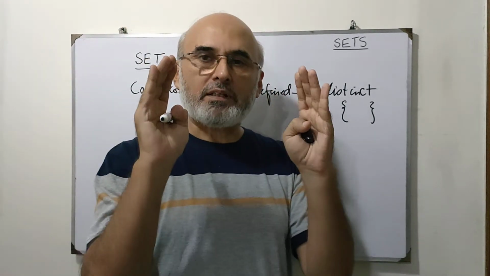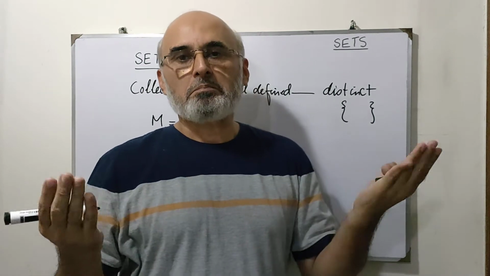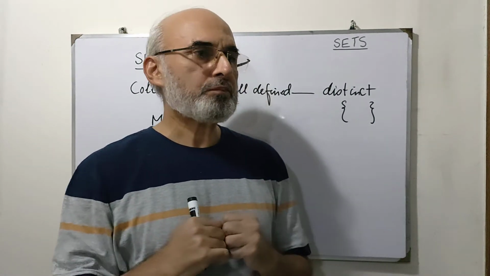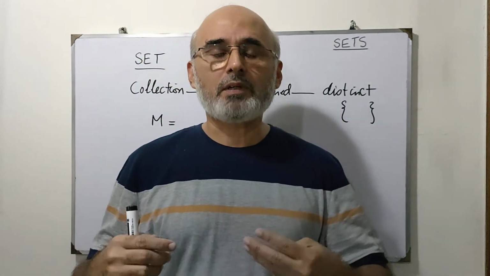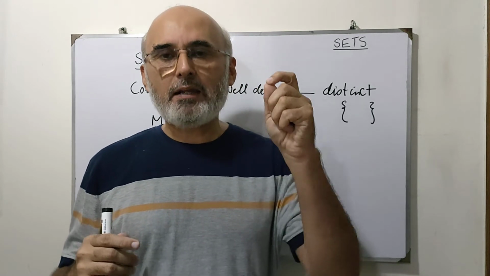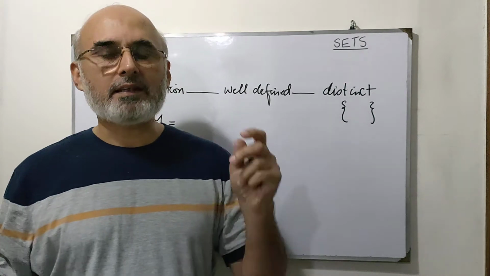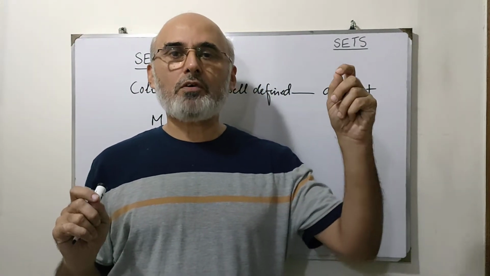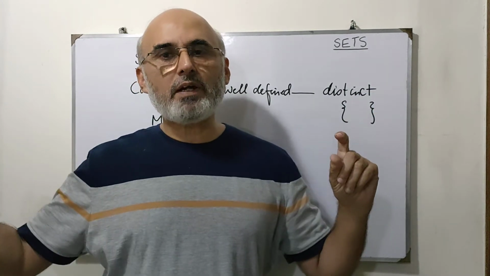The objects enclosed within those curly braces make a set. Now the set can have objects in it, and these objects are known as elements of the set. Like I said, in the collection of class 10 students, each and every student is an element of that set.